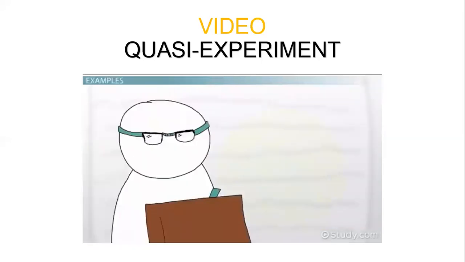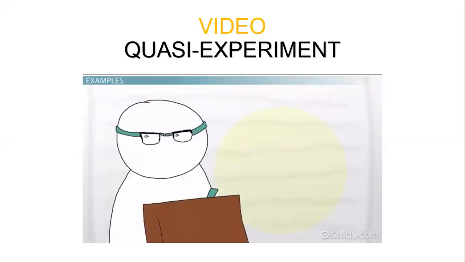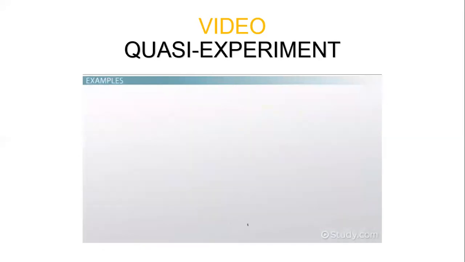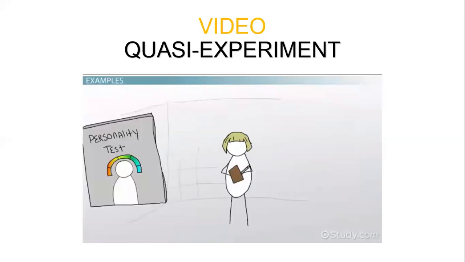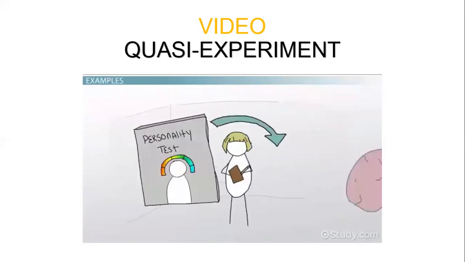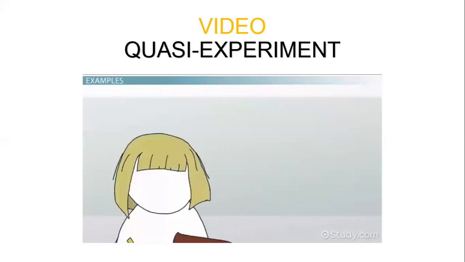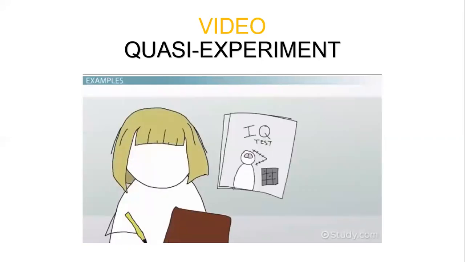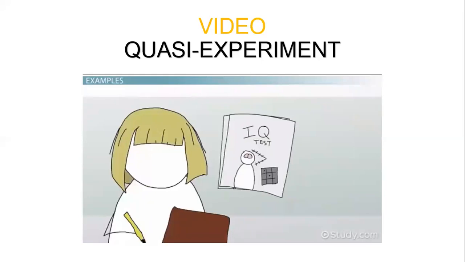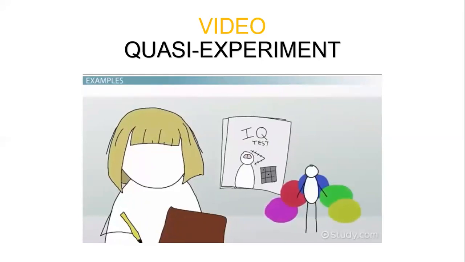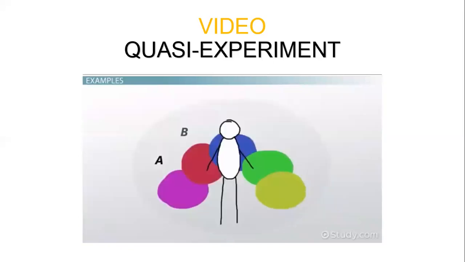Here are two examples of simple quasi-experimental designs that will help you see the difference between a true experiment and a quasi-experiment. Dr. Jones is a personality expert who studies the impact that personality traits have on intelligence. For the purposes of her current research project, she is interested in examining the IQ scores of people who score highly in each of the Big Five personality factors. Each of the 5 personality factors are a quasi-independent variable.